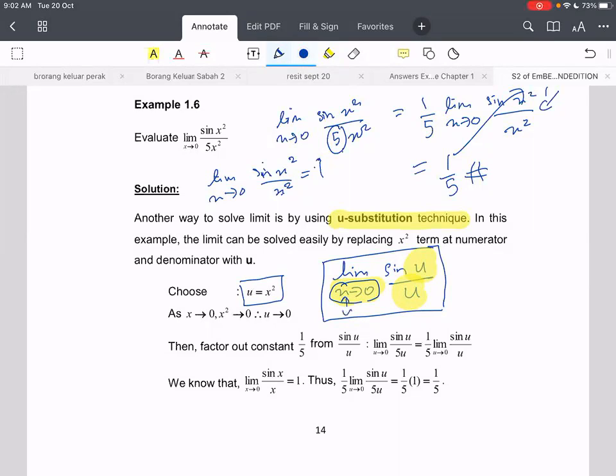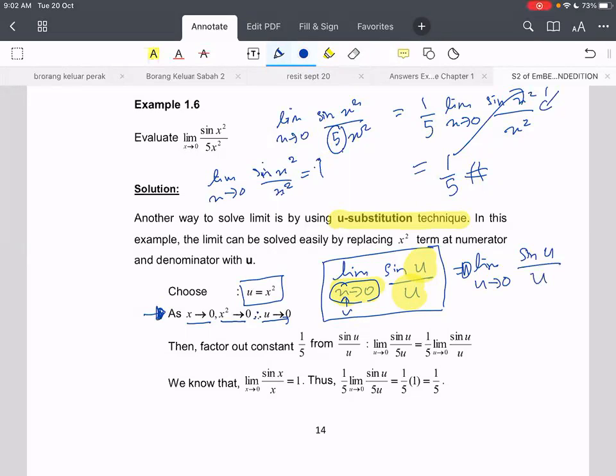So you need to make an assumption. You write it down like this: as x approaches 0, we assume x squared is approaching 0 too. Therefore, u approaches 0. So the correct one is the limit as u approaches 0 for sine u over u.